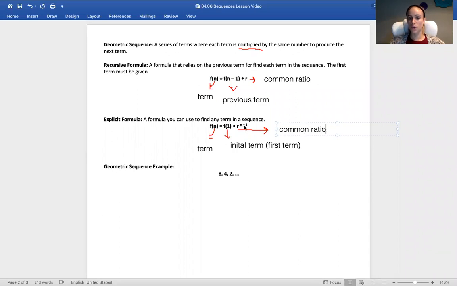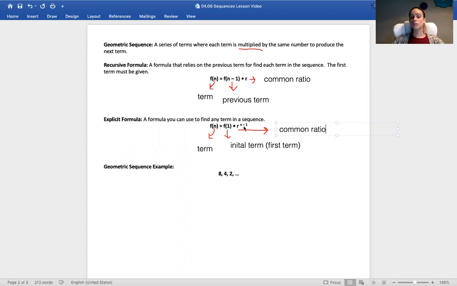And this time, notice that our n minus 1 is an exponent. So in arithmetic, you multiplied your common difference by n minus 1. In geometric, you raise your common ratio to the power of n minus 1, which is what makes geometric sequences exponential, because our n minus 1 is an exponent.